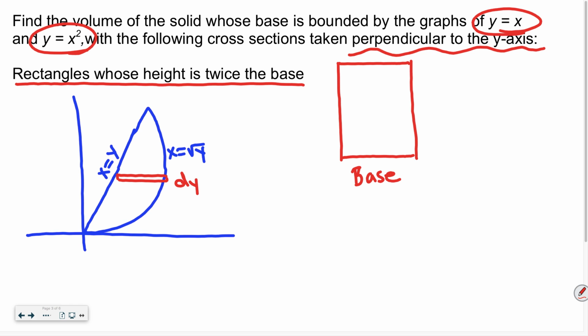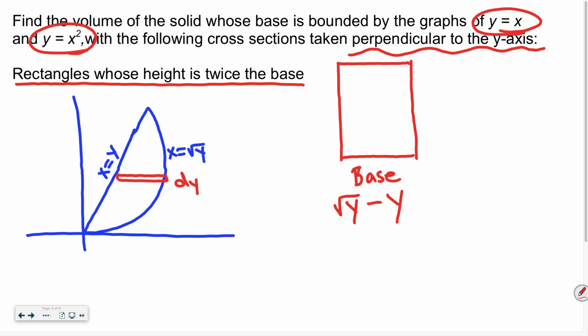If we talk about the base of this slice, how long is this right here? How long is the base? Right minus left. So radical y minus y. Right function minus left function. So radical y minus y.